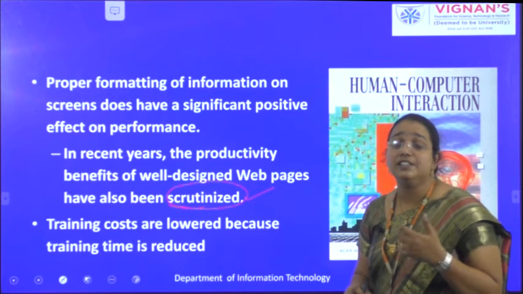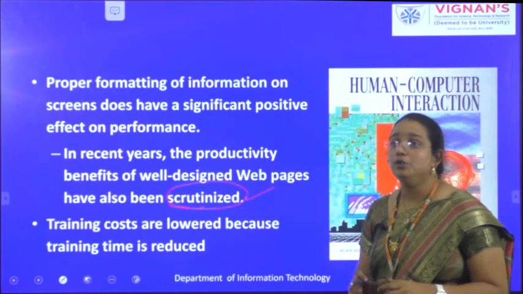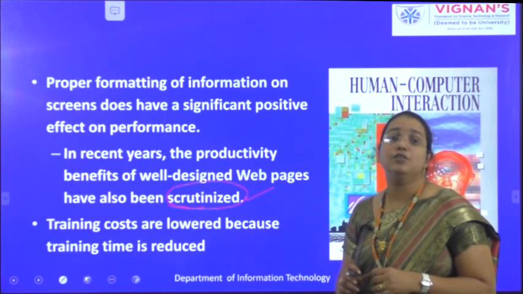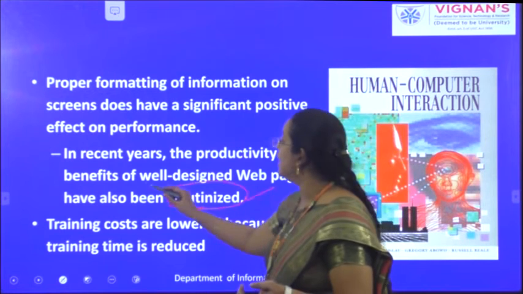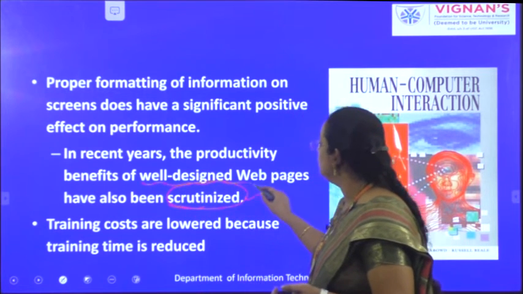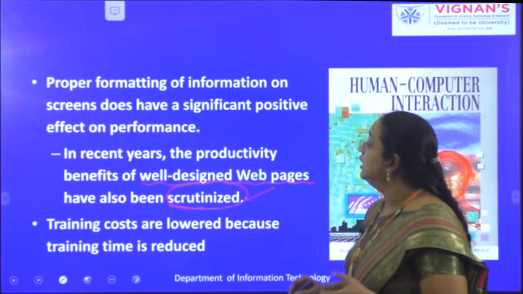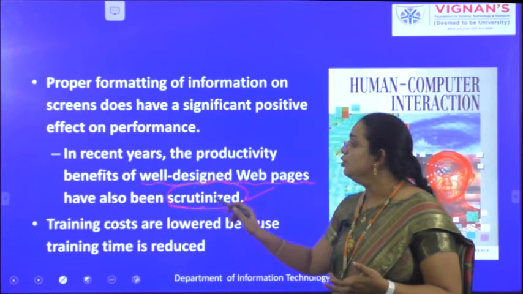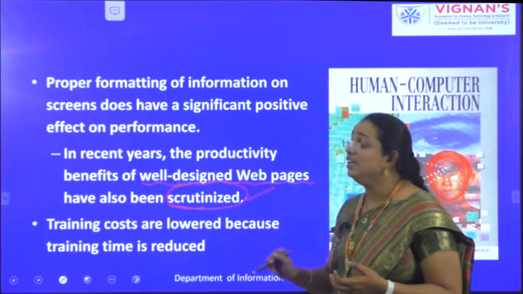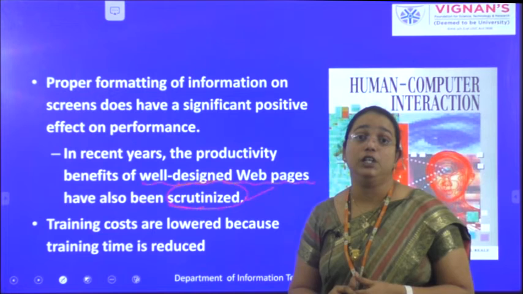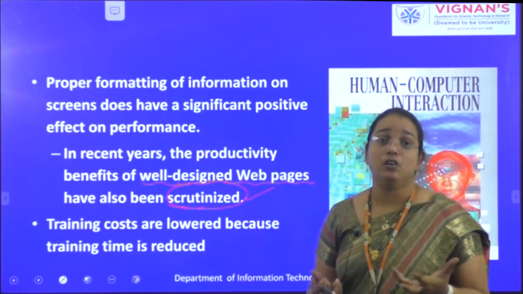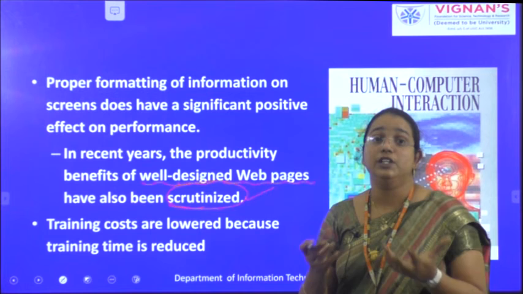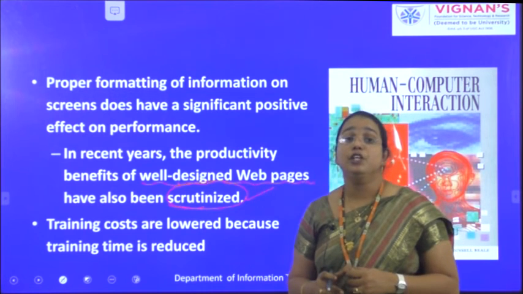While you are launching something, you have to take into consideration not only its performance, but also the well-designed web pages. We have to consider whether the web pages are designed well or poorly designed, or whether they are well designed.